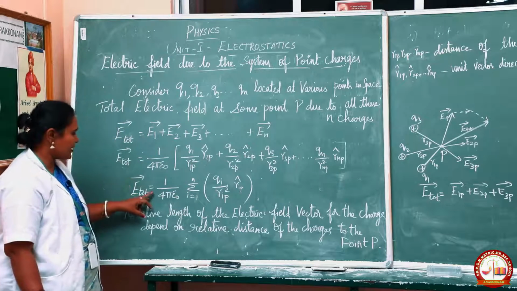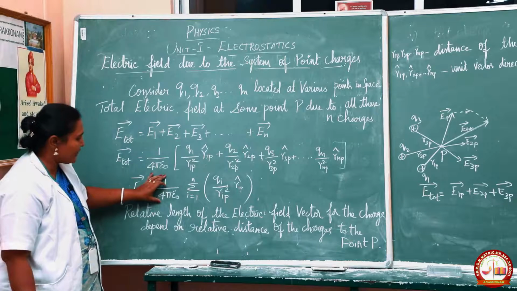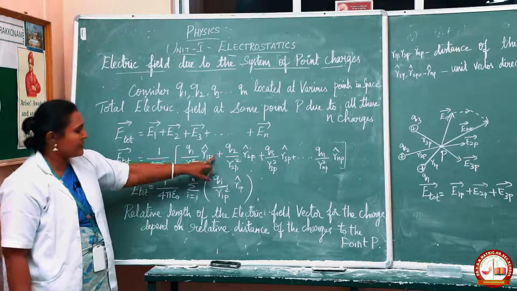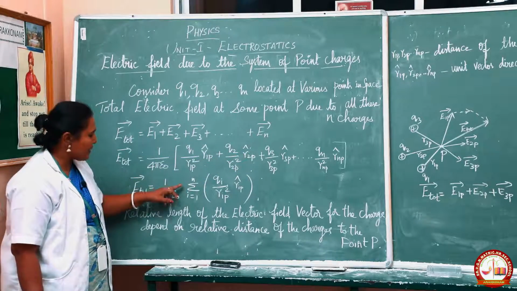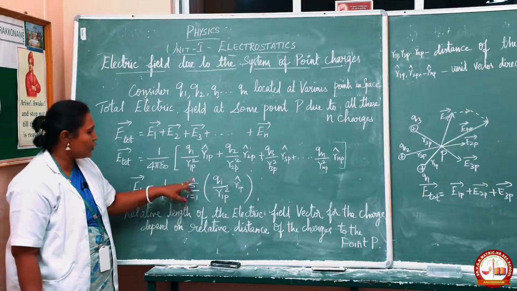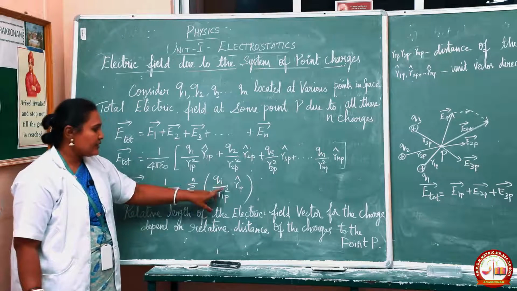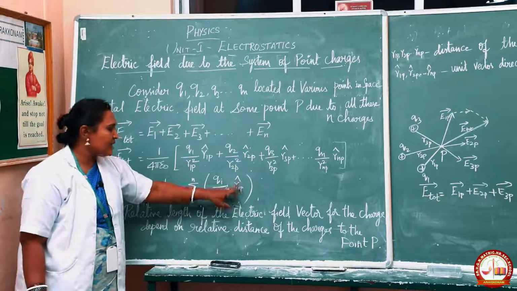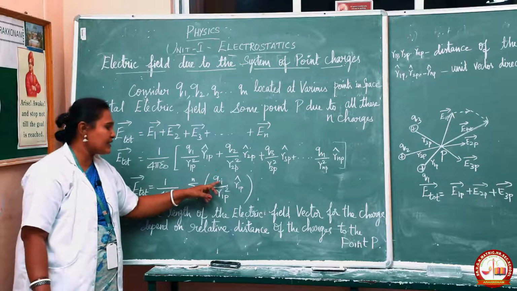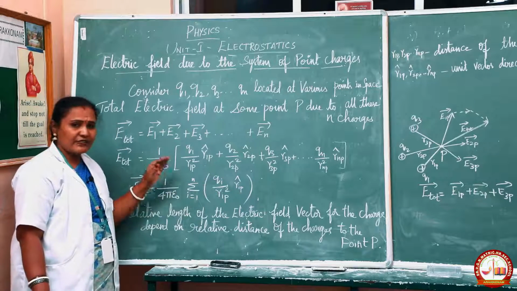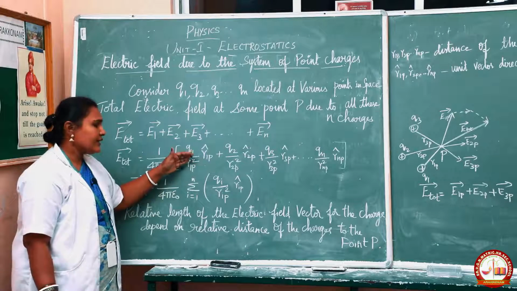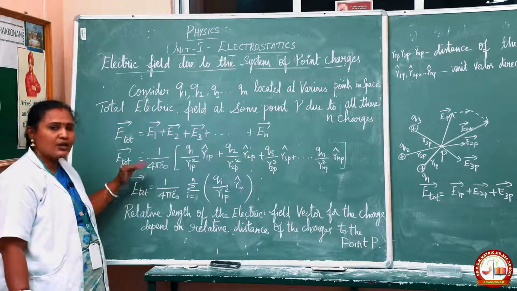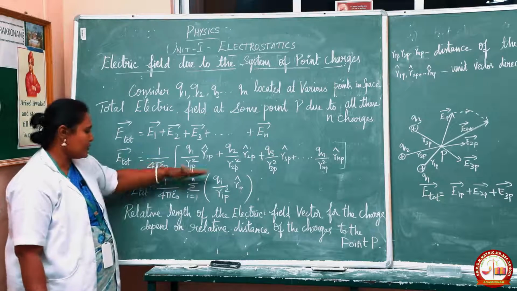E total vector is equal to the same term 1 divided by 4 pi epsilon naught, times the summation of all these values, i equal to 1 to n, Qi divided by Rip square Rip cap. Instead of writing 1, 2, we use i, which takes values from 1 up to n. So this is the expression of the electric field, applying the superposition principle.